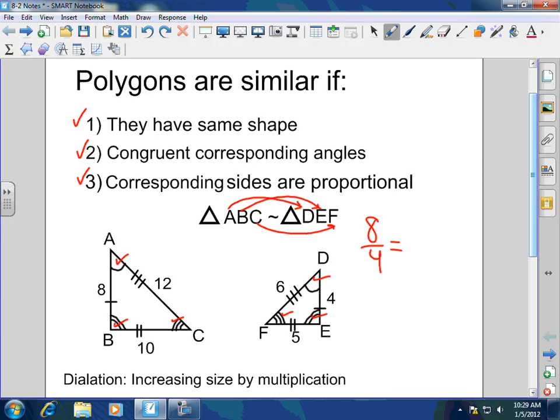So since I started with the larger triangle, let's continue with the larger triangle. Now let's go AC to DF, which are corresponding, 12 to 6. And that better equal also the last side of the larger triangle, which is BC, 10, to the corresponding side EF, 5.